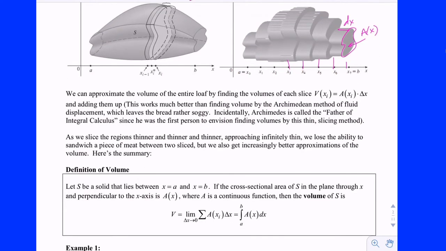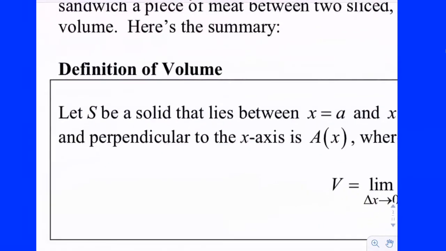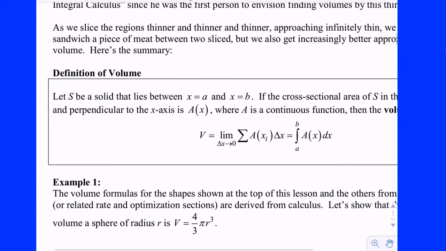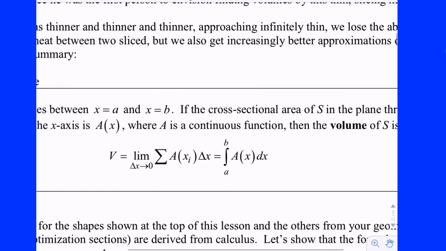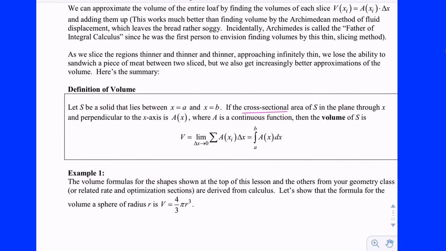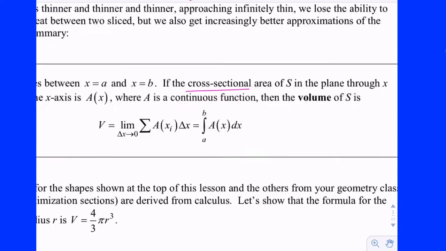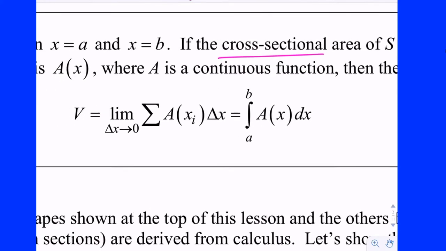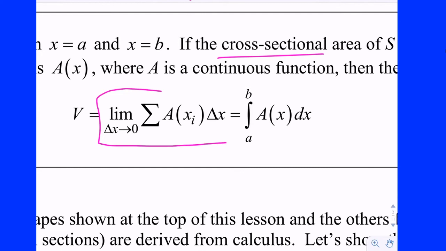Here's the definition of the volume of a solid. Let S be a solid that lies between two vertical lines, x equals a and b. If the cross-sectional area of S in a plane through x perpendicular to the x-axis, basically, if I can find the area of the cross-section when I slice it vertically, where A is continuous, then the volume is going to be the limit as the thickness of the slice delta x goes to 0 of the sums of all the areas of the geometric prism's face times the height between them, which is delta x.